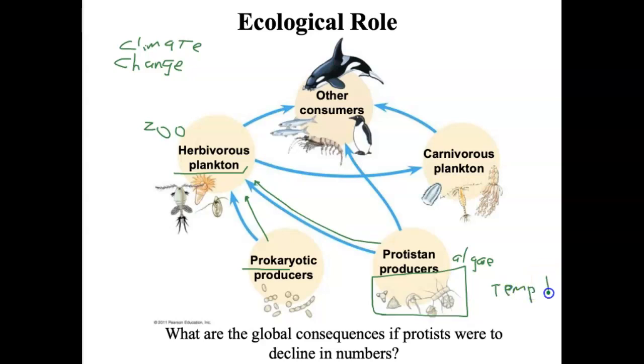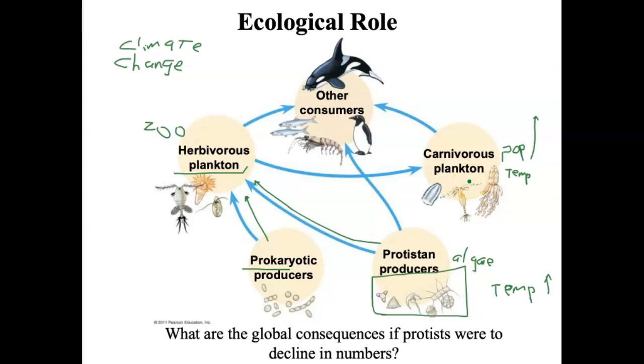So what happens is the carnivorous plankton trigger their population growth based on temperature. So they need a certain water temperature and their population starts growing. Well, as ocean temperatures go up, their population starts growing.